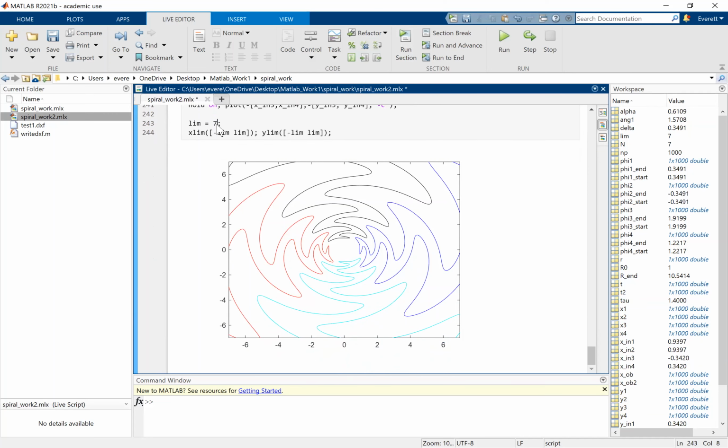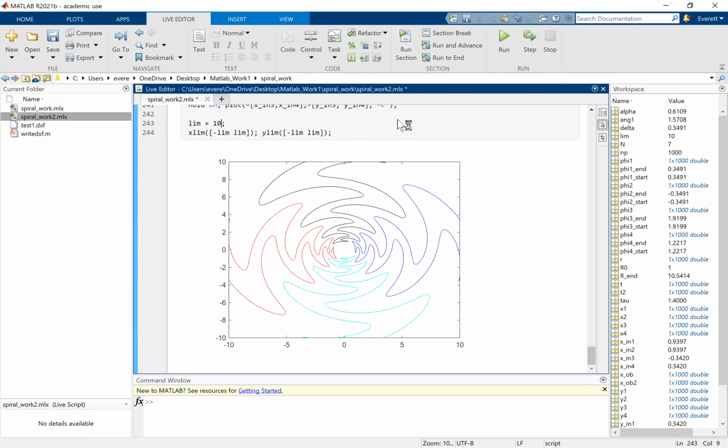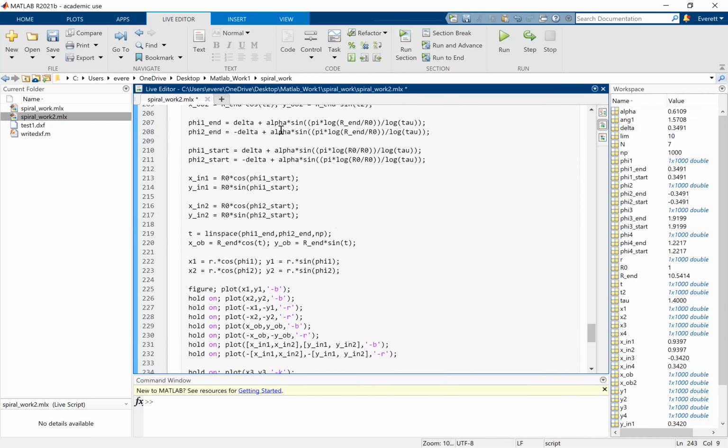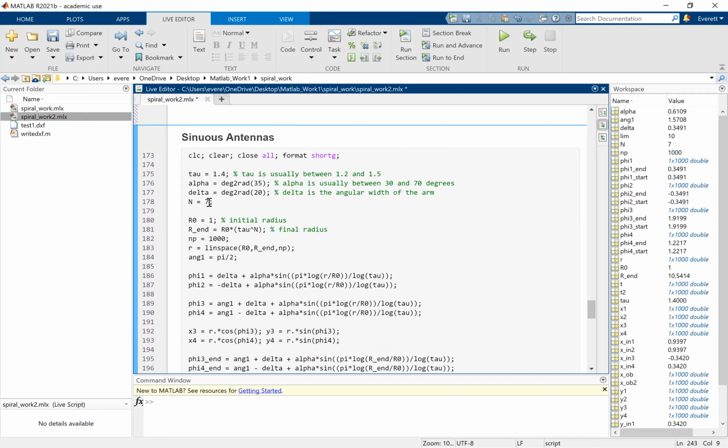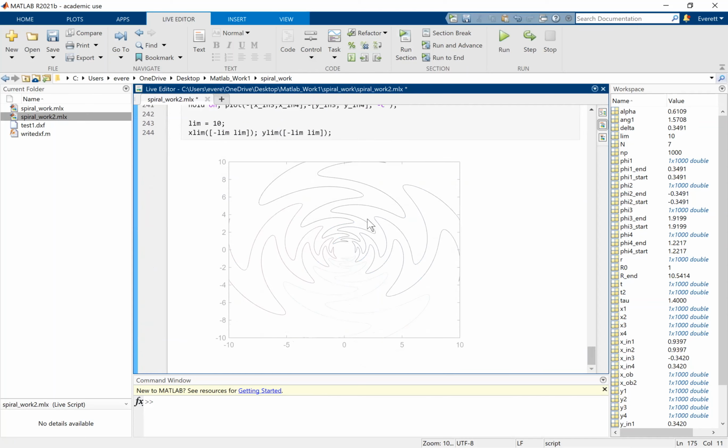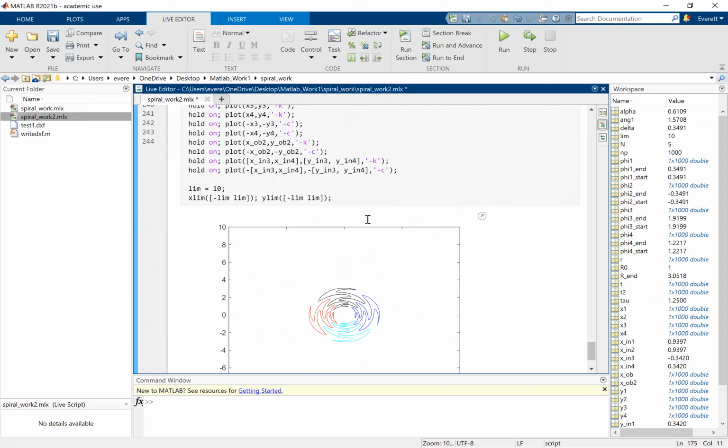Let's change our limit here to 10 probably. All right, let's just make our n much smaller. Back to 5 here. And let's make tau a little smaller too. Let's just go 1.25. All right, a little too small.